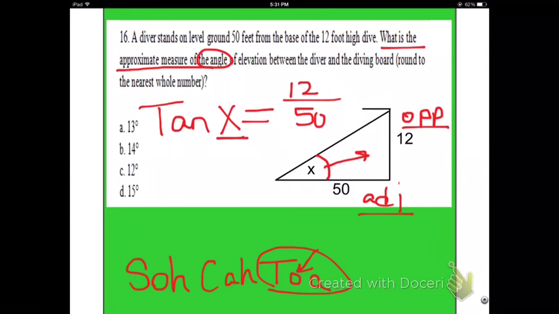Since I want to know the angle, X, I've got to undo the tangent function. That tells me to press shift. And then I press 12 over 50. Remember to go over and hit the parentheses button. So that tells me that X is 13.49, which would round down to 13. So my answer would be 13.